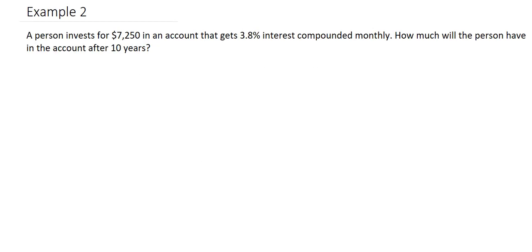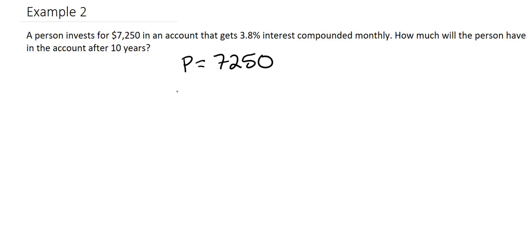Now let's go ahead and look at the second example. Example 2, a person invests $7,250 in an account that gets 3.8% interest compounded monthly. So how much will the person have in the account after 10 years? So let's rewrite these in terms of our P, which is 7,250.